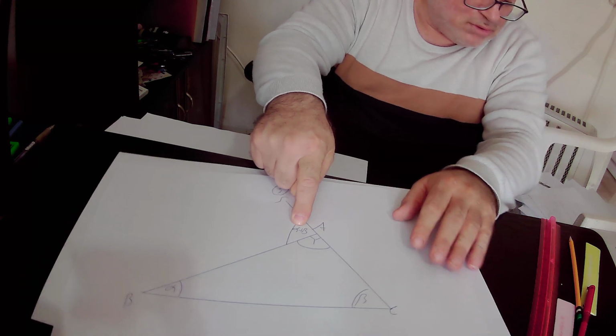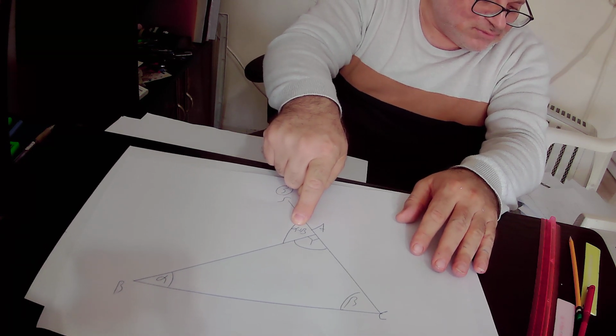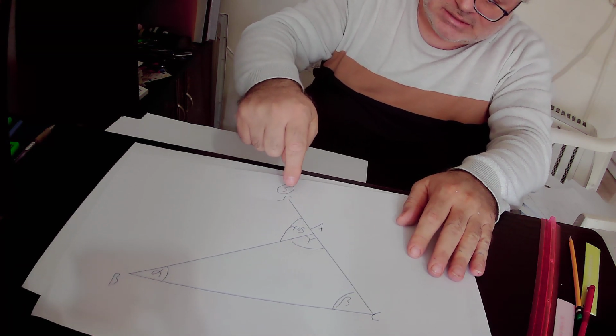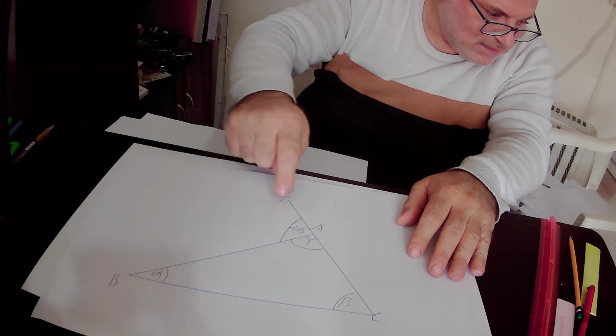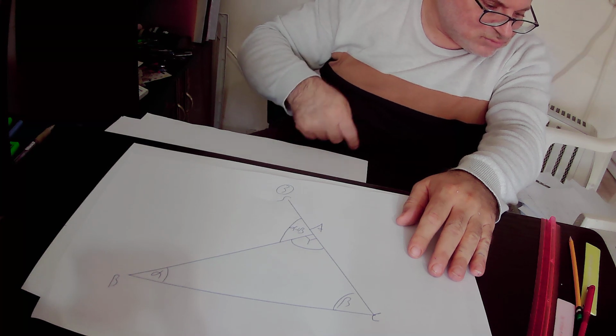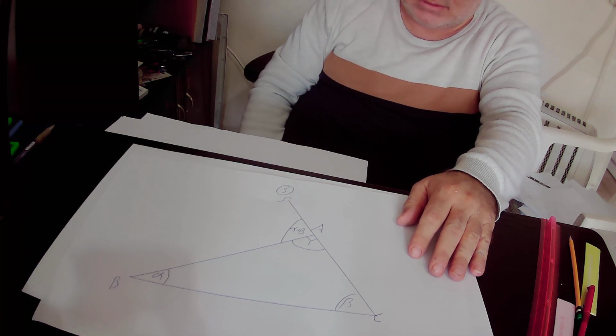And according to rule number 4, an exterior angle of a triangle, that is to say angle SAB, is equal to the sum of the two angles that are not adjacent to it.